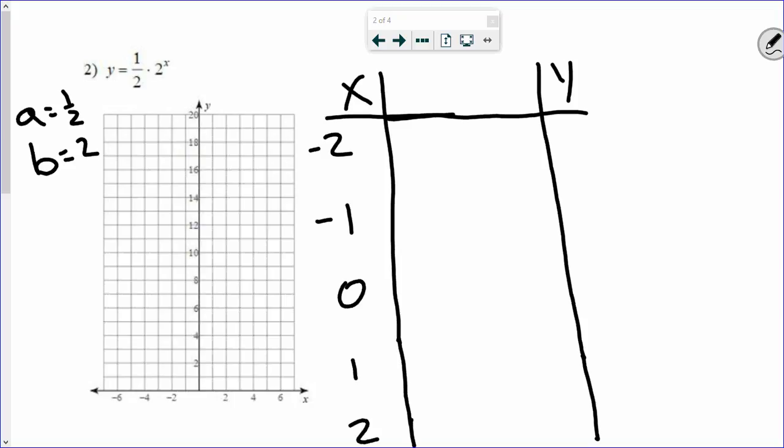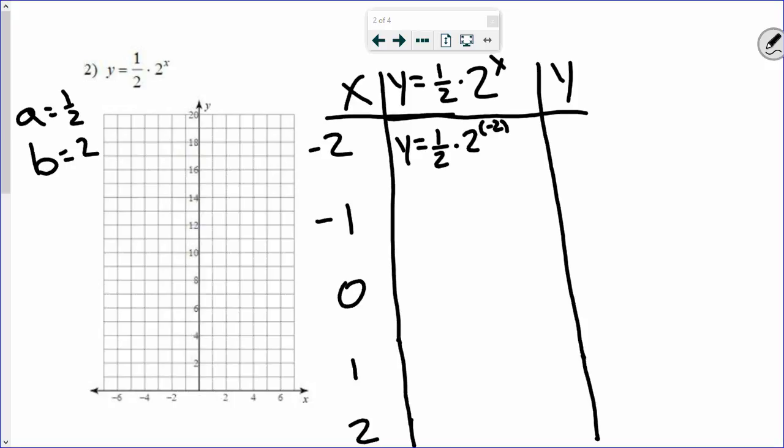All right. We're plugging them into our function, 1/2 times 2 to the power of x. So again, the exponent is a variable, so we're substituting our x values in. All right, so let's get busy plugging in. So y equals 1/2 times 2, the x value is -2.